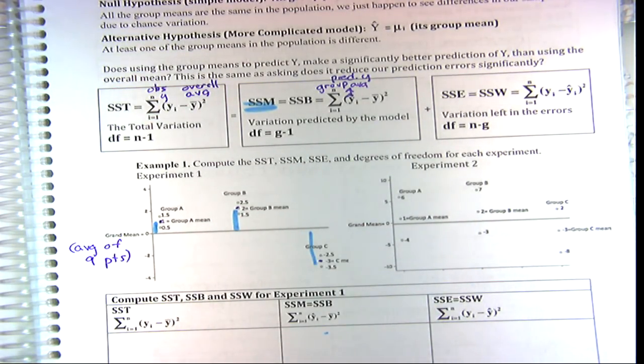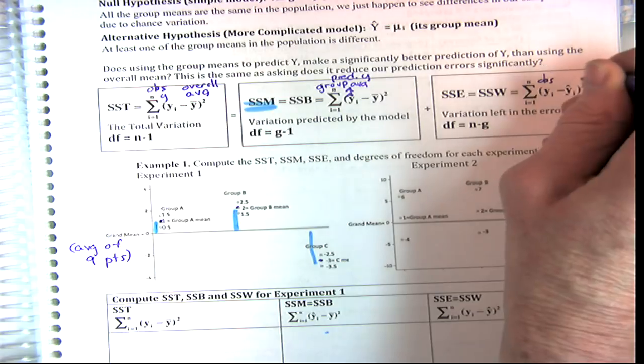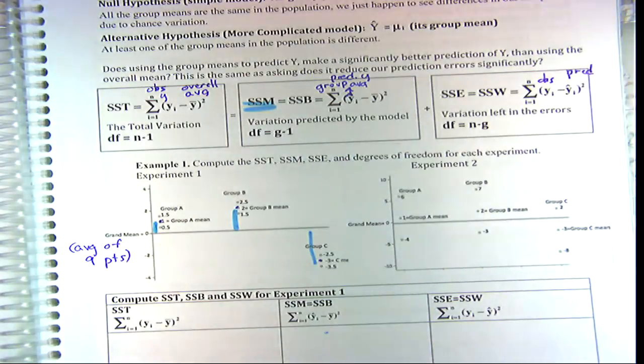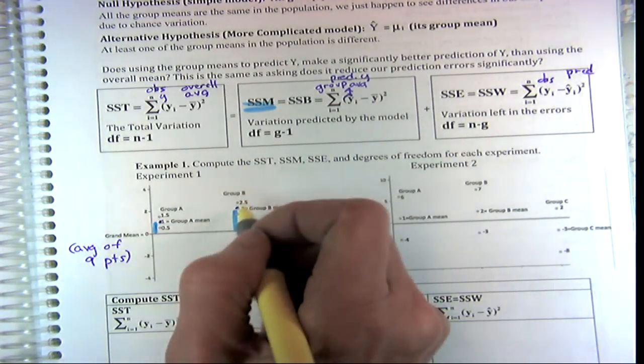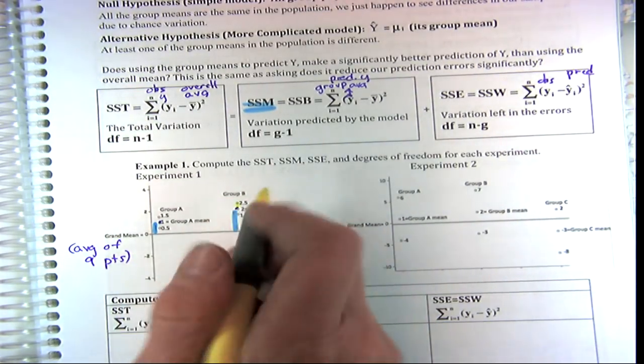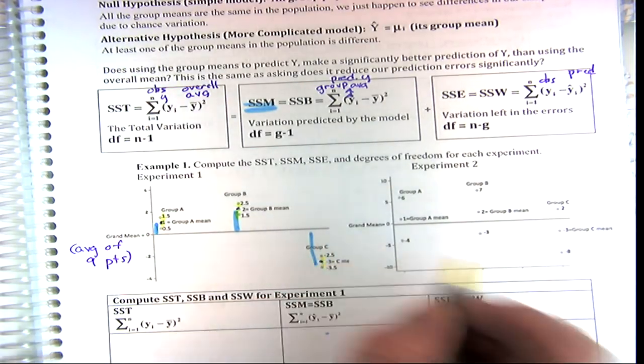Then we have the errors, which is just our observed for all the 9 points. This is our observed minus our predicted, minus the group mean. So let's just get a visual of that. And then that's these. How far off, like 2.5 is how far that is from 2.1 point. It's very little. See these little ones.